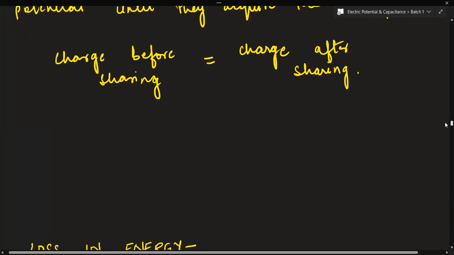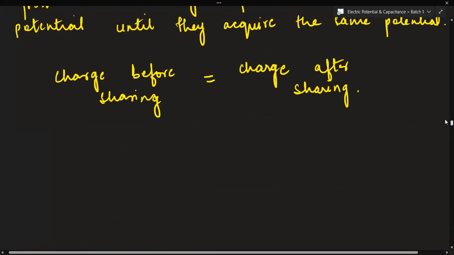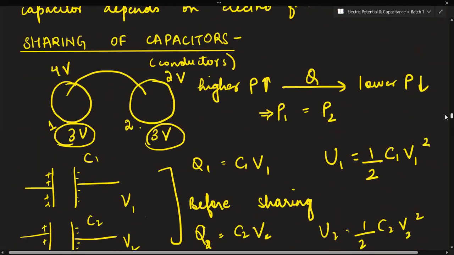Now, charge before sharing will obviously be equal to the charge after sharing. How? See, if Q charge is moving out from here, then Q charge will be entering here. If this Q charge is moving from this conductor to this conductor, then total charge will still be capital Q only.